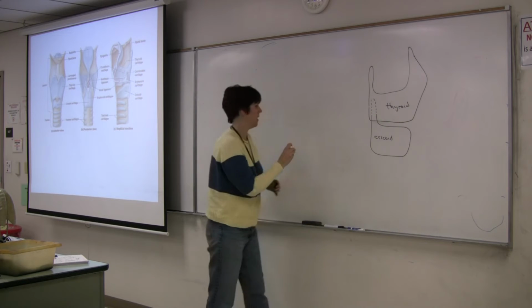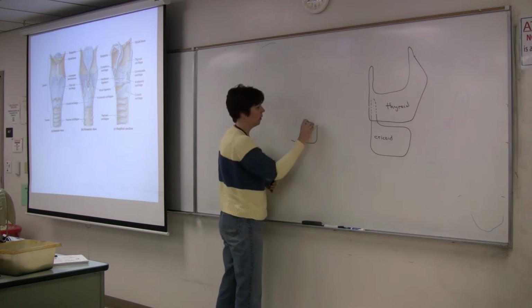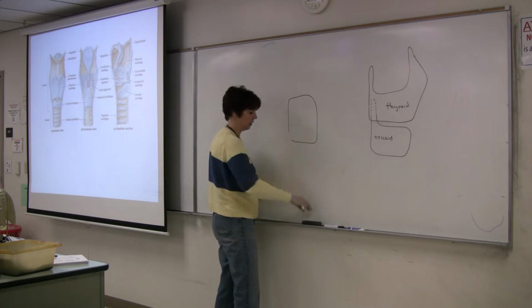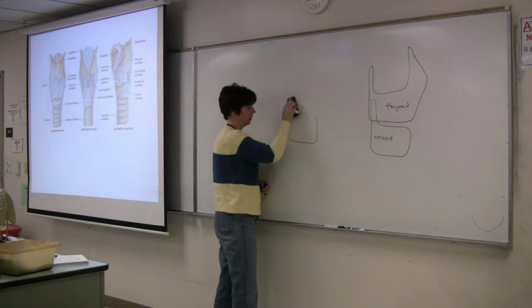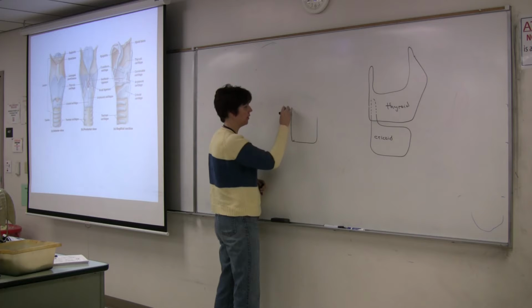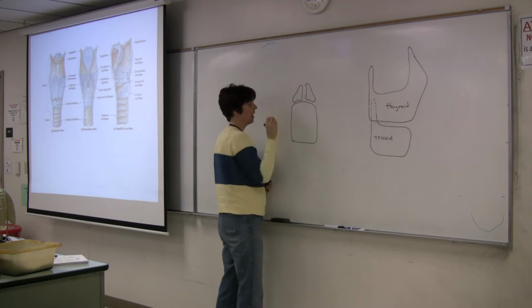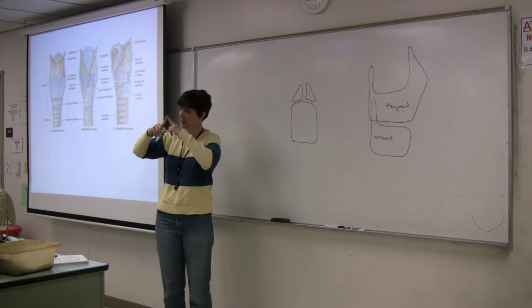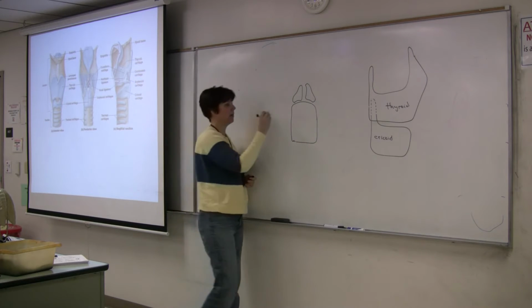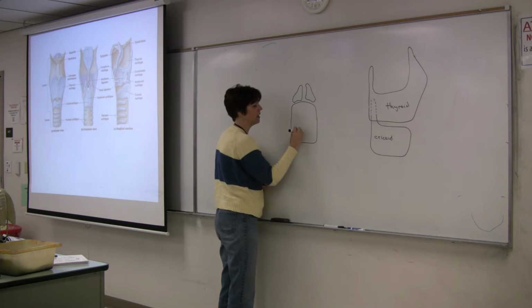All right, and if we look at this posteriorly, we have two cute little cartilages sitting on top. And they kind of have that A-frame shape to them. So that helps me remember that they are the arytenoids.